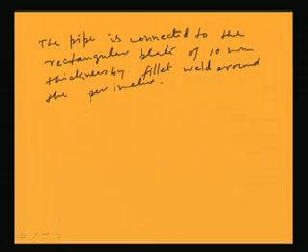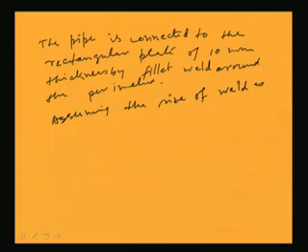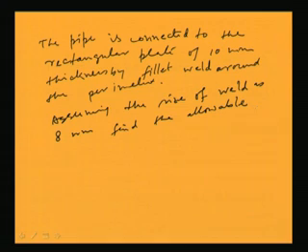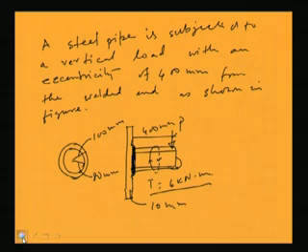So now assuming the size of weld as 8 mm, find the allowable load on the pipe. So let me review the question once again. One pipe is connected to a rectangular plate of 10 mm thickness.